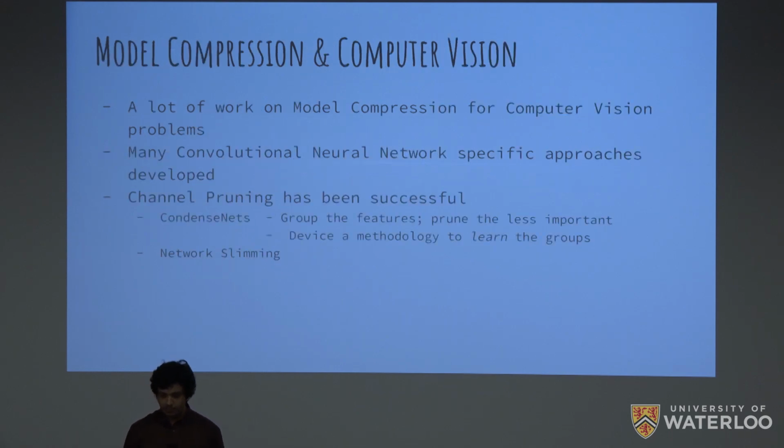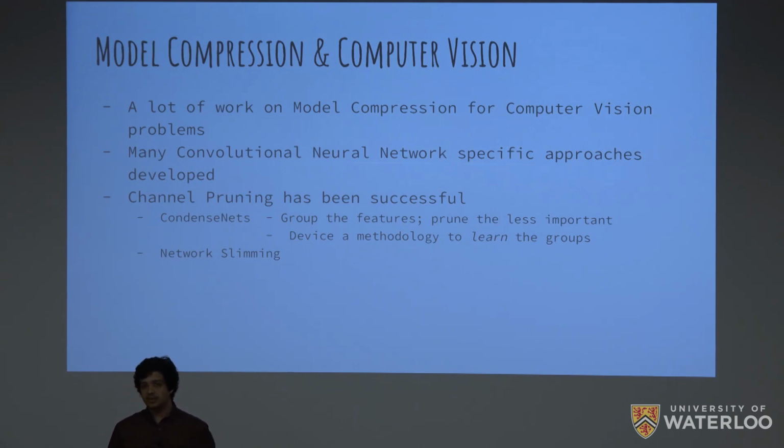So as I said, a lot of work on model compression for computer vision problems has been done, but obviously there are other interesting problems like natural language processing, text processing, where these problems didn't even arise until now and have not been applied. So channel pruning has been successful for convolution neural networks, and convolutional neural networks, as you would have known, are mostly for computer vision.